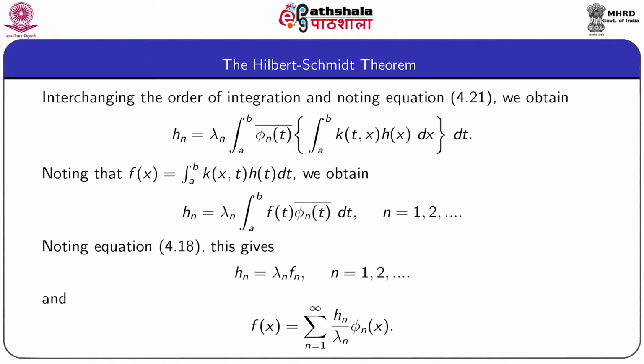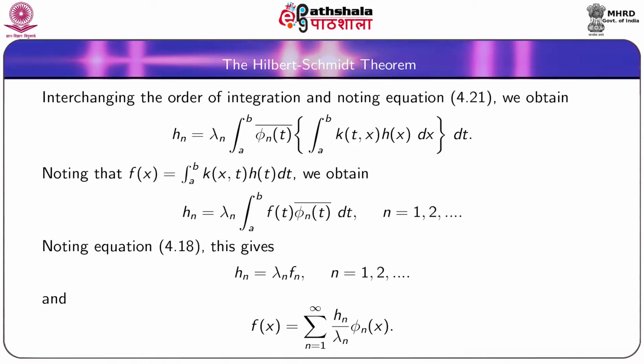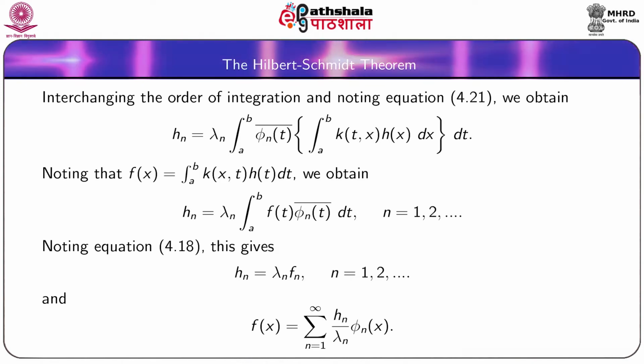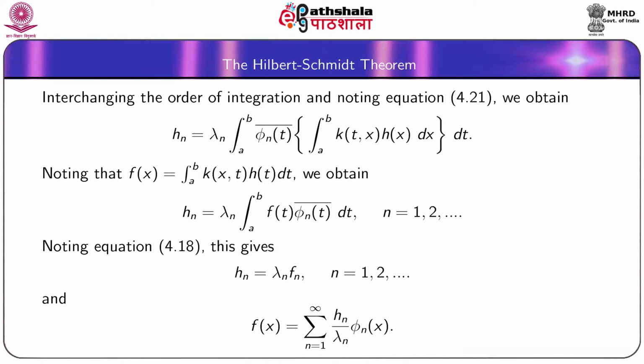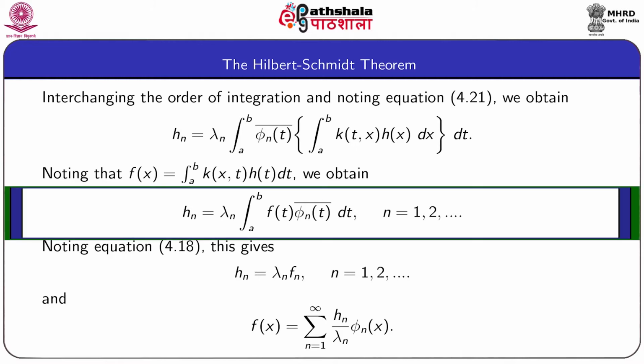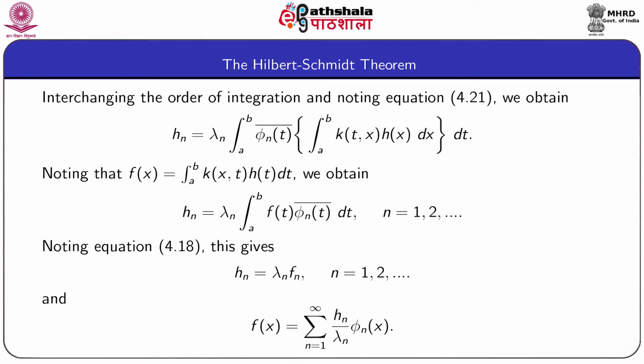So the expression becomes h_n equal to lambda n integral a to b f(t) phi n bar (t) dt, where n ranges from 1 to infinity. So the integral a to b f(t) phi n bar (t) dt, this is the inner product of the functions f(t) and phi n(t), and that is given by f_n by equation 4.18.